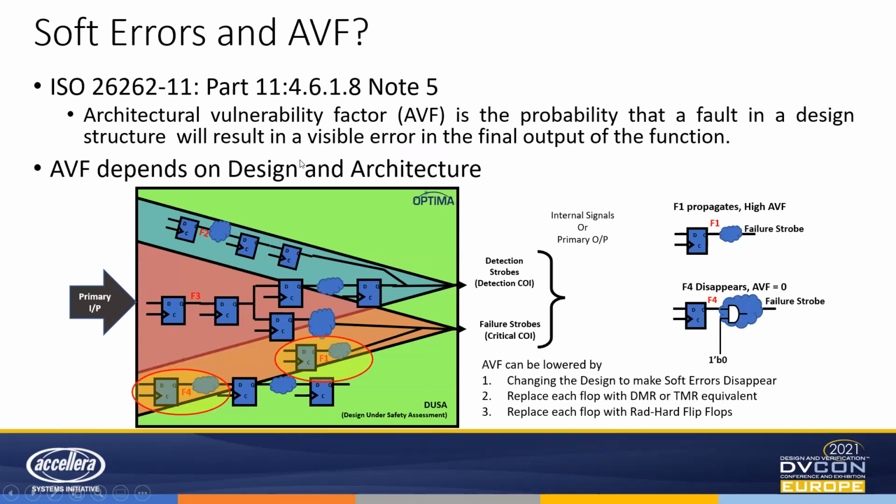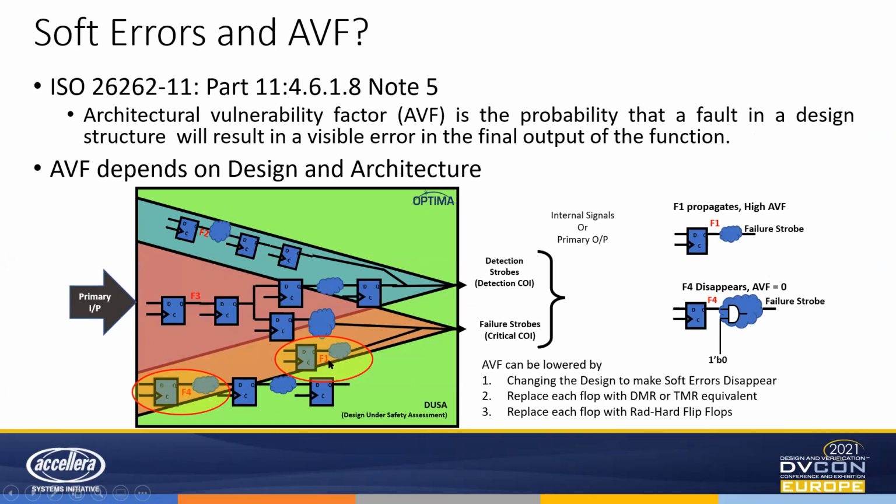And then how do you define these soft errors and the AVF, right? Here I have taken a representative design, and the architectural vulnerability factor is defined in the standard as the probability that a fault in a design structure will result in a visible error for the final output function. I have taken a couple of faults like F1, F2, F3, F4.